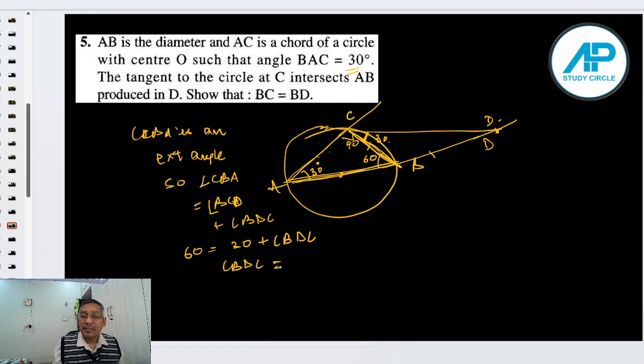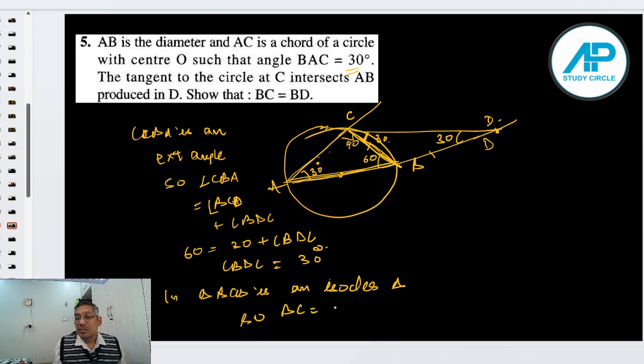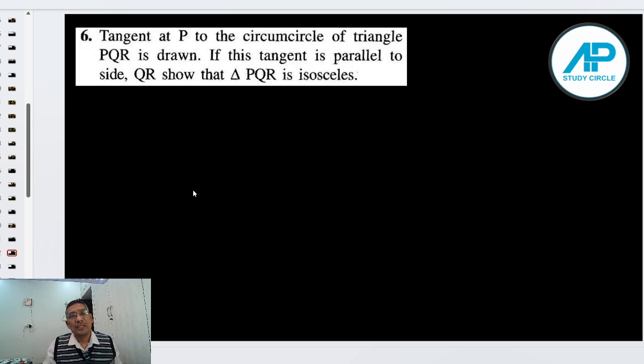That gives me BDC also as 30. So this angle also is 30. So triangle BCD is an isosceles triangle. So BC equals BD. That is the property of this question. A good question. A question that can be asked in the exam as well.